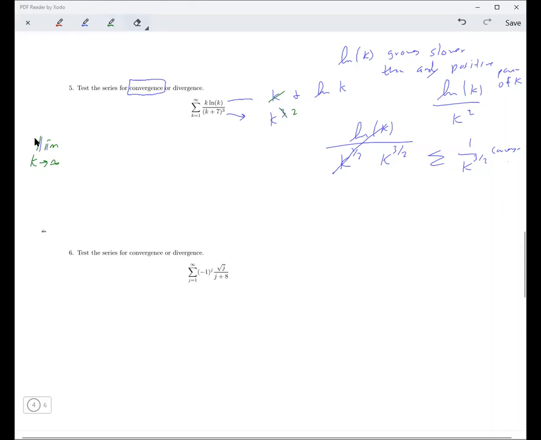No, let's not do limit. k log k over (k plus 7) cubed, all over 1 over k to the 3/2. I guess we could do limit. Maybe limit is better. Yeah, let's just do limit.